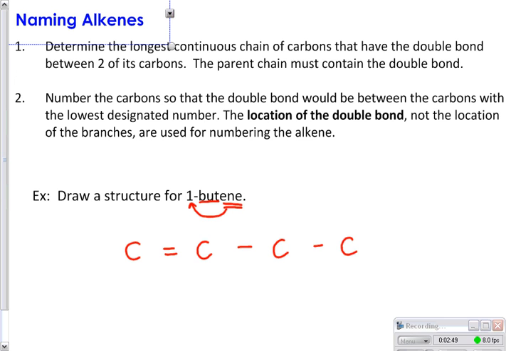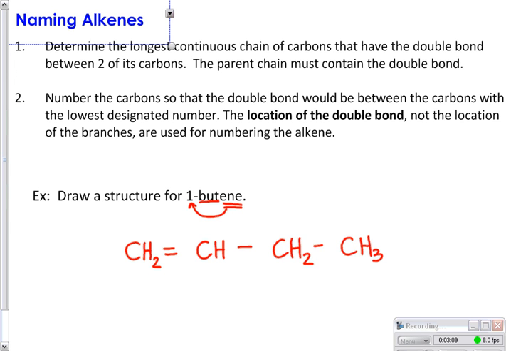Now your next job is to fill in the H's with what remains. The first end carbon is already making a double bond, so it has room for 2 single bonds, or 2 H's. The second carbon already has 3 bonds being made, so there's only 1 H available here. Then CH2, and lastly CH3.